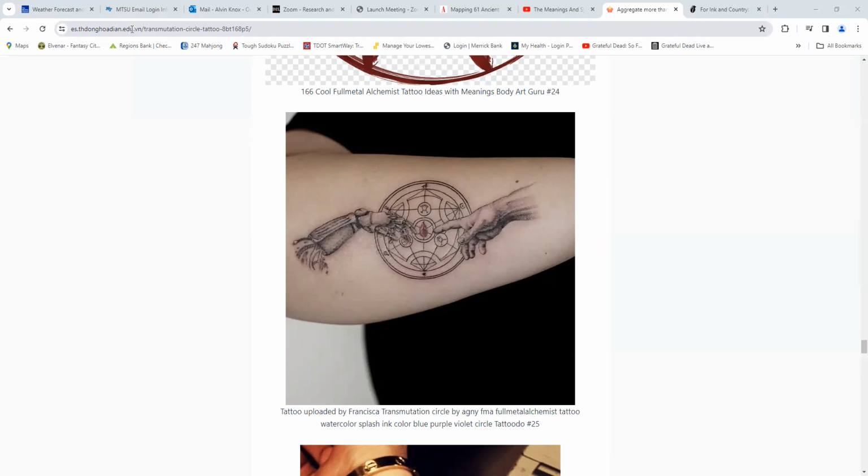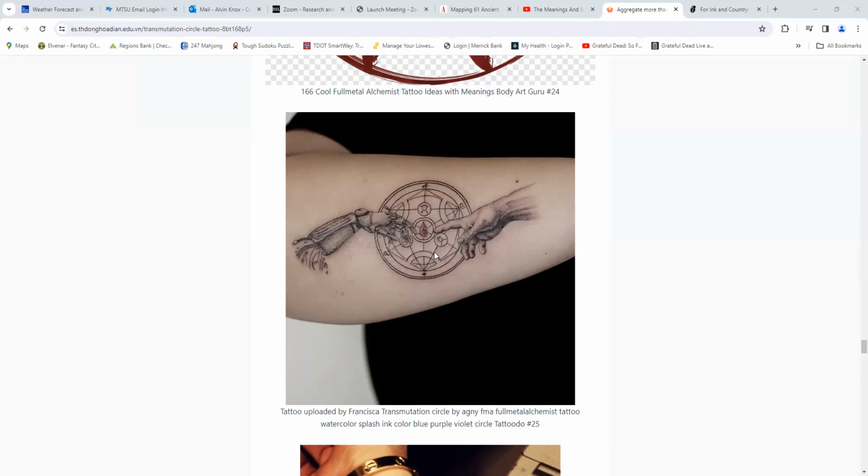But this is an educational website, and this is a country identifier, VN, and I could look it up and find out what that means, but I'm not going to. But because English is probably not this person's first language, you have to read this kind of carefully. Tattoo uploaded by Francisca Transmutation Circle. That's actually what this is.